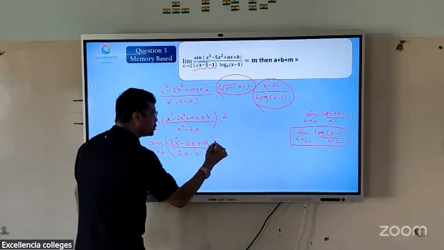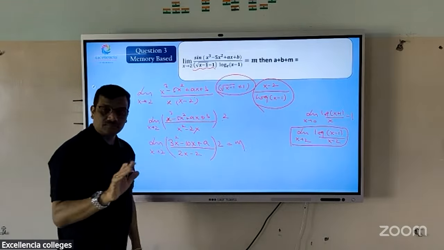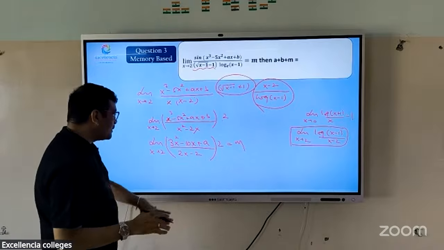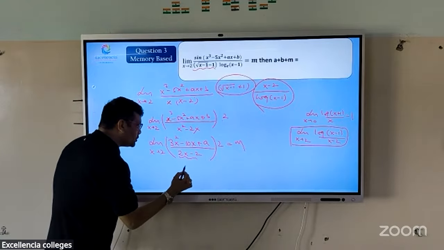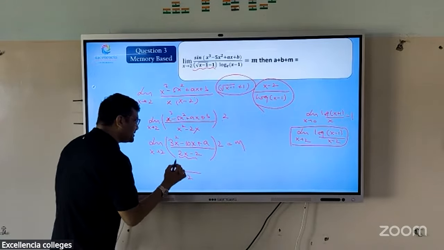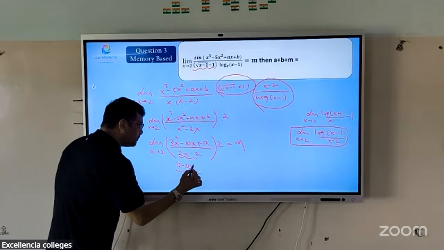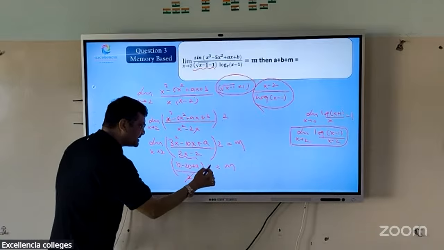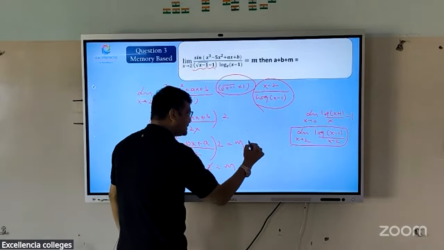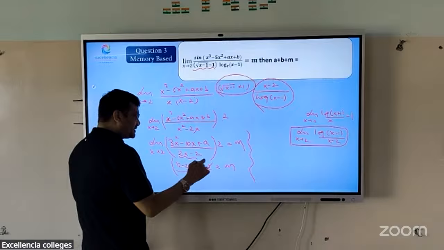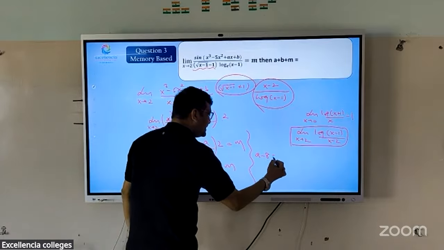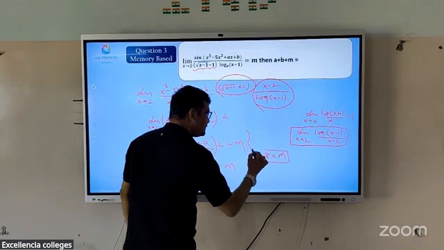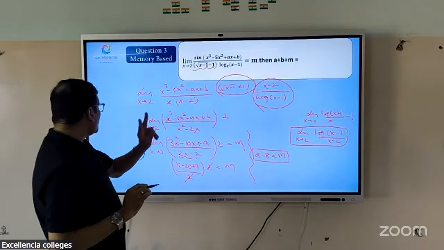Correct? Now, let us come back. Now, the denominator is 2, so I can put this: 12 minus 20 plus 8, into 2, is equal to minus 8 plus 8. So 8 minus 8 is zero. Right? So one is 2a plus b.